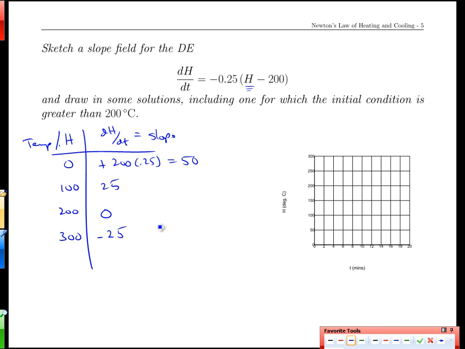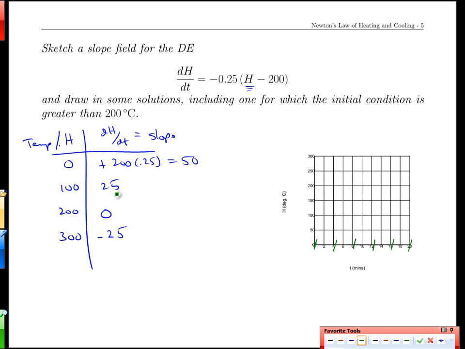What does that mean in terms of a diagram like a slope field here? Well, at temperature 0, we have a slope of 50. And it doesn't matter what time it is, as long as I'm at temperature 0 degrees Celsius, then the slope will be 50. So that would get us a slope like that. And it'll be the same all the way along regardless of the time, because the slope only depends on h.